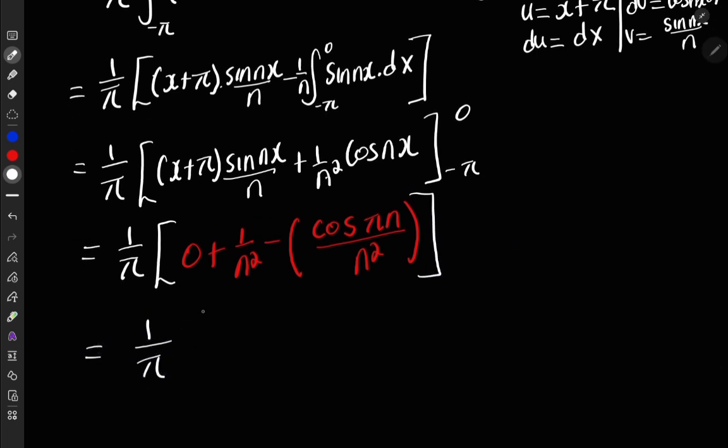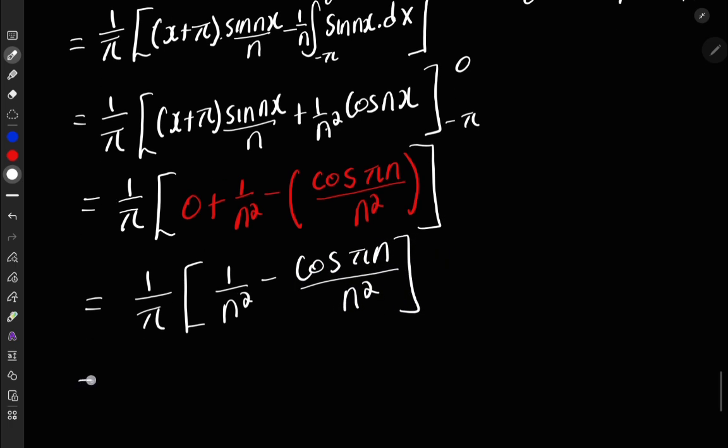1 over pi into 1 over n squared, and then minus cos pi n over n squared. Then it's 1 over pi into, you can take out the n squared, and you are left with 1 minus cos pi n.